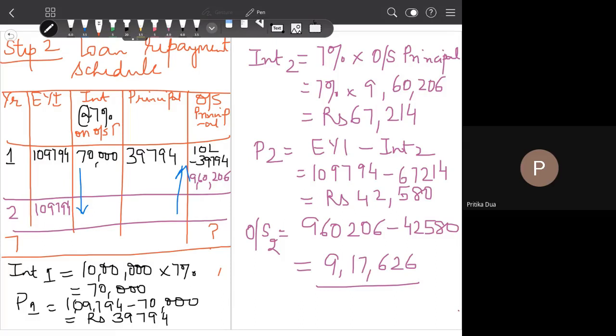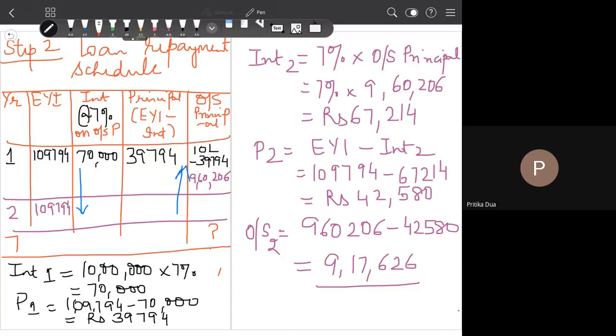Accordingly, reducing the EMI by the amount of interest, we get the amount of principal element in the first installment as 39,794.